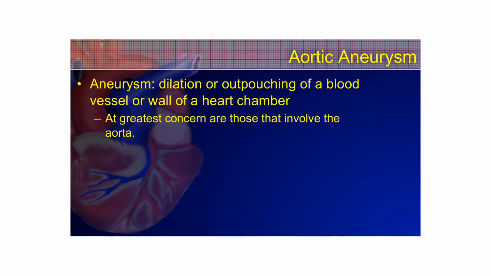Next, we're going to talk about some vascular disorders, and the first one is the aortic aneurysm. An aortic aneurysm is the dilation or outpouching of a blood vessel or the wall of a chamber of the heart. Of greatest concern are those that involve the aorta, such as an acute dissecting aneurysm of the aorta.